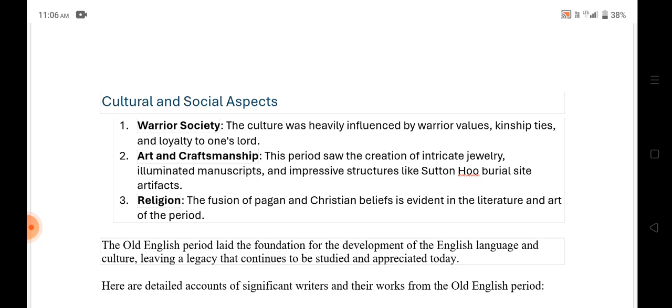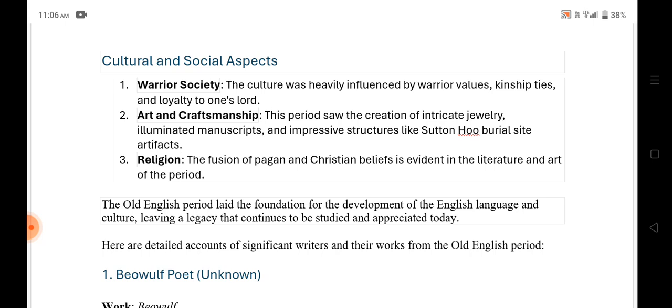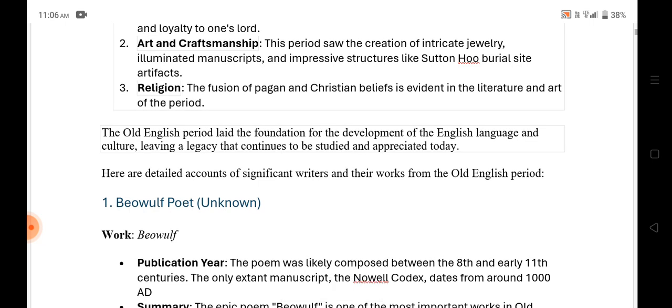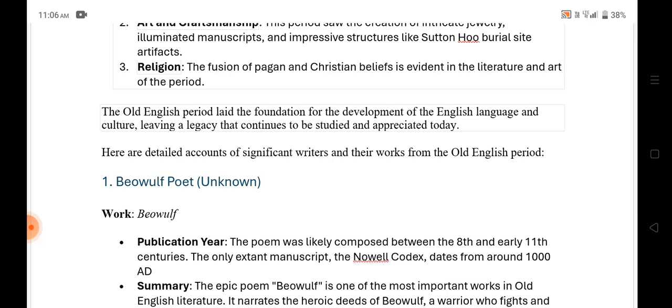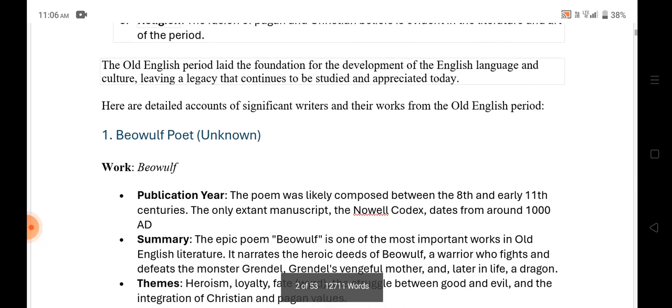Religion: we see the fusion of pagan and Christian belief, evident in the literature and art of the period. The Old English period laid the foundation for the development of English language and culture, leaving a legacy that continues to be studied and appreciated today.